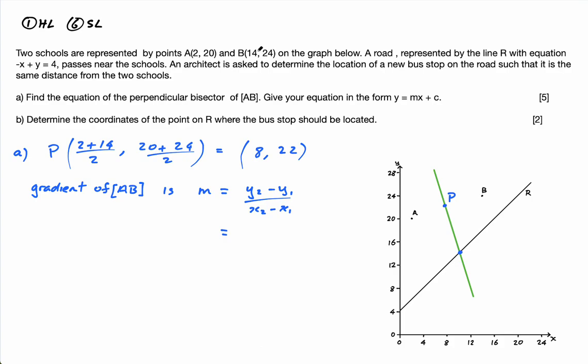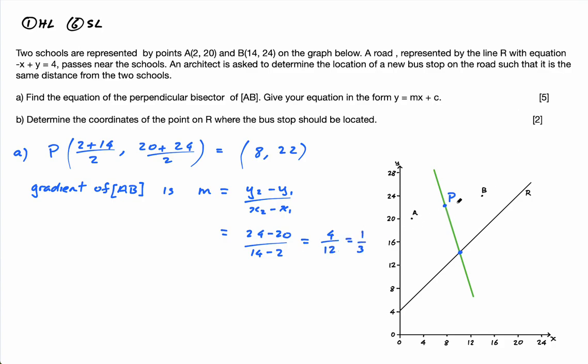This is 24 minus 20 over 14 minus 2, which is 4 over 12, or 1 over 3.